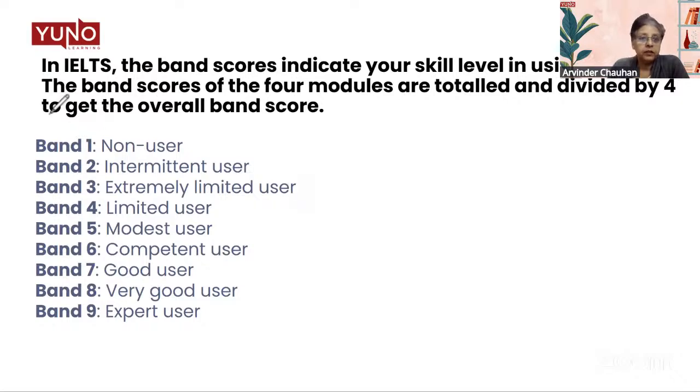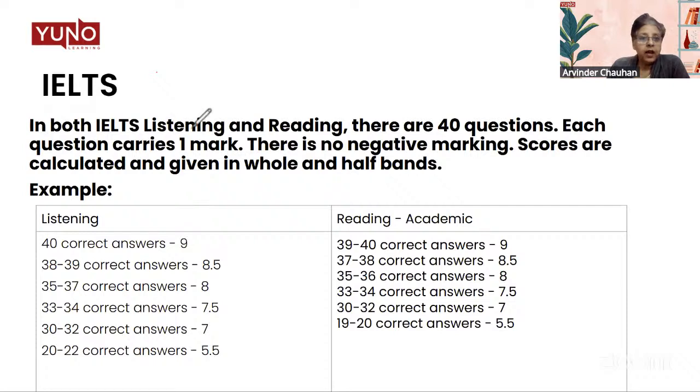Now, in both IELTS listening and reading, there are 40 questions. Each question carries 1 mark, and there is no negative marking. Scores are calculated and given in whole and half bands. Well, I said that in India we don't really have half bands, but that was my mistake, I just got confused with something.